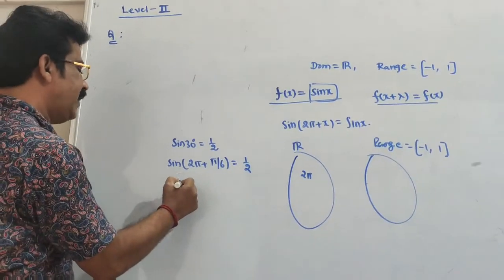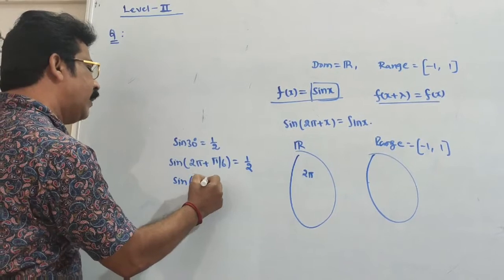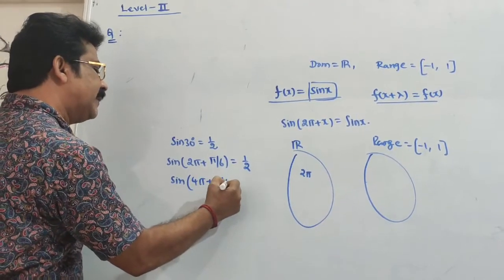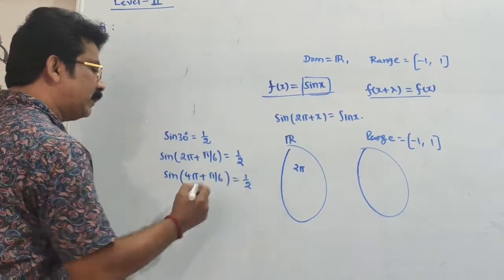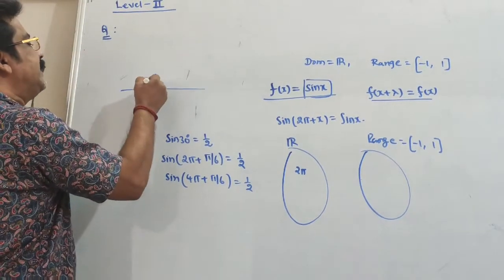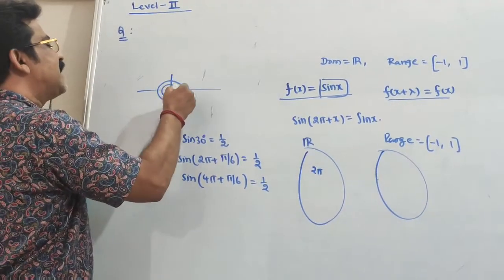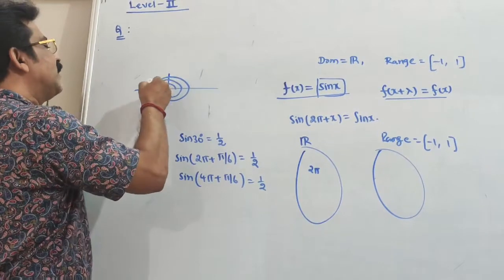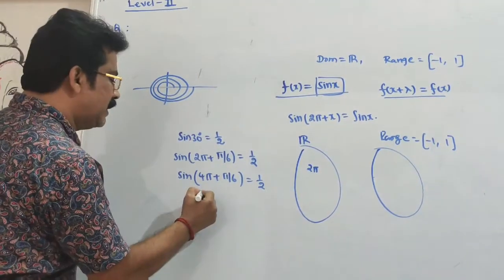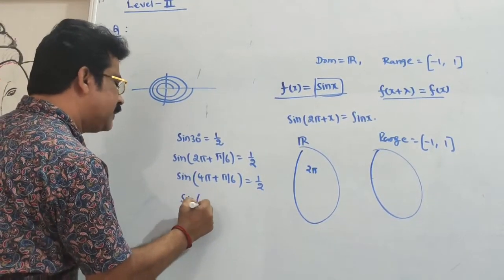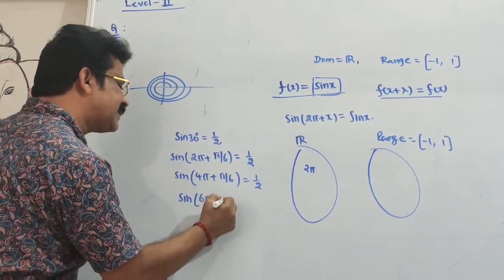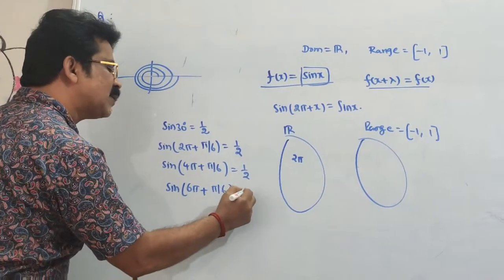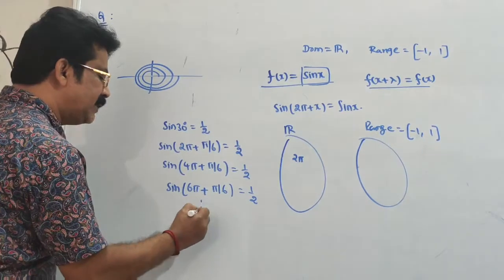Sin of 4 pi plus 30 degrees is also 1 by 2. So this is 2 pi, next another round 4 pi, next another round 6 pi. Sin of 6 pi plus pi by 6 is also 1 by 2, and so on.